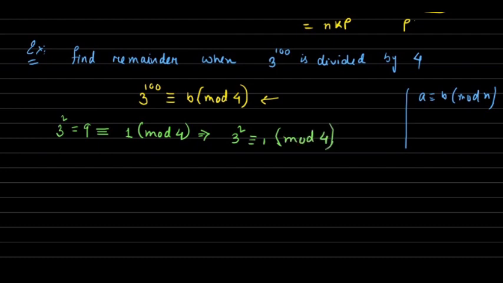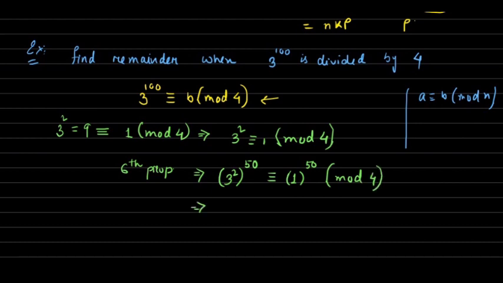Okay, let's move on. That means we can write like this: 3 square is congruent to 1 mod 4. Okay, we need 3 to the power 100. That means by using the sixth property, we can write (3 square) whole raised to the power k, where k is 50 because we need 3 raised to the power 100, is congruent to 1 to the power 50 mod 4.